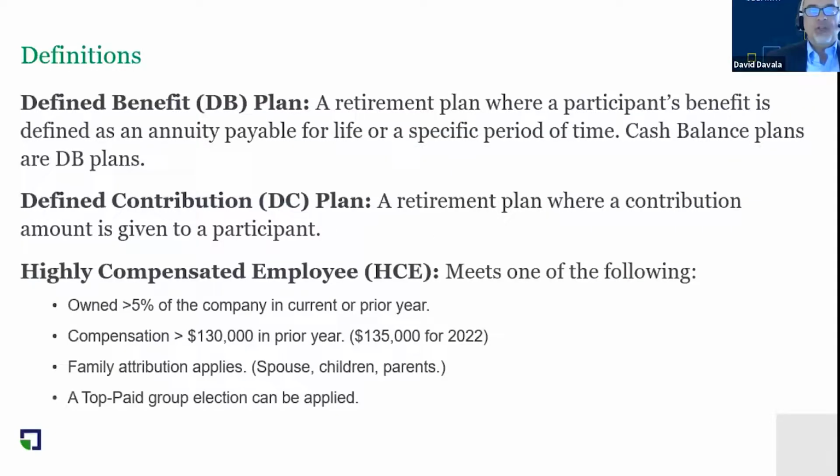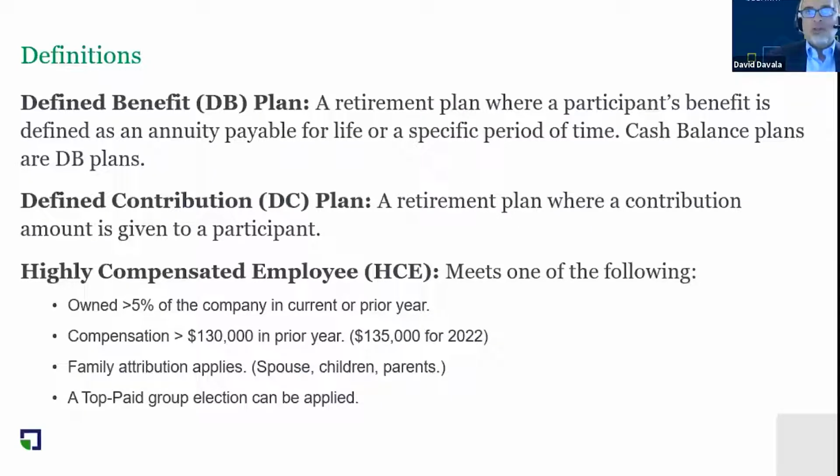Highly compensated employee. This is an important concept when we look at cross-testing. To be deemed highly compensated, a participant must meet one of the following: owned more than 5% of the company in the current or prior year, or compensation greater than $130,000 in the prior year.